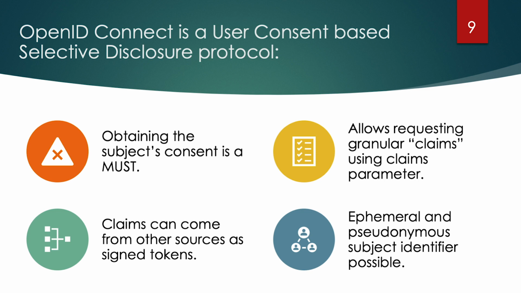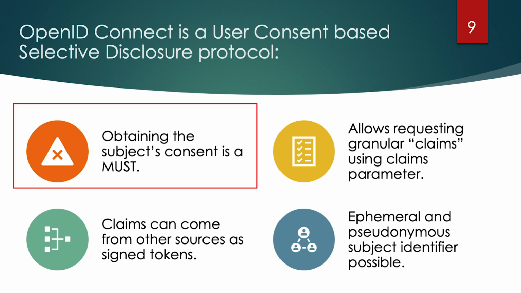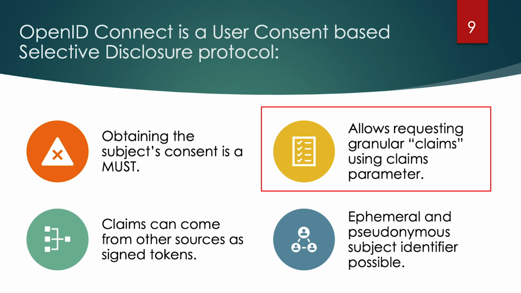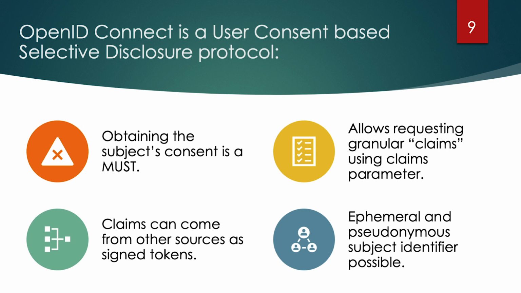Now, OpenID Connect is often said to be authentication, but it isn't. OpenID Connect is a user consent-based selective attribute disclosure protocol. If you read the specification, it says obtaining the subject's consent is a must, right? And then it allows requesting granular claims using the claims parameter. You can do profiles and other scopes, which are aliases to more granular scopes and granular claim requests.